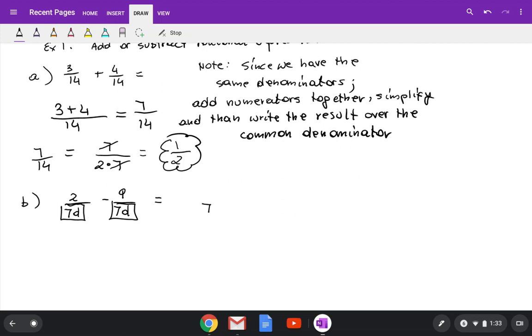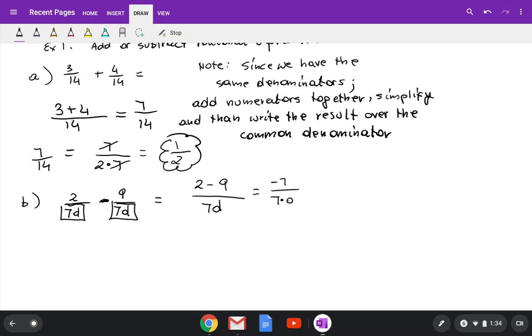So copy the denominator once and simplify numerators following the operation. You take 2 and subtract 9 from it. We copy the denominator once and subtract in numerators. So 2 minus 9 gives you negative 7 over 7D.